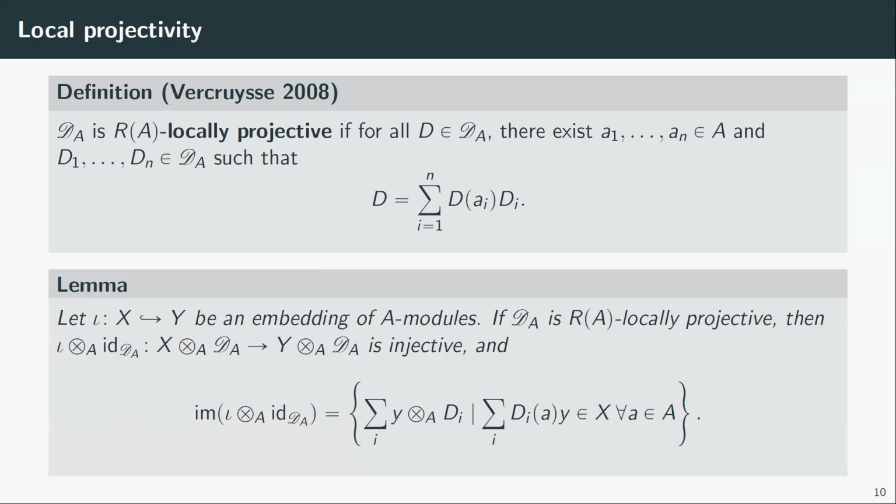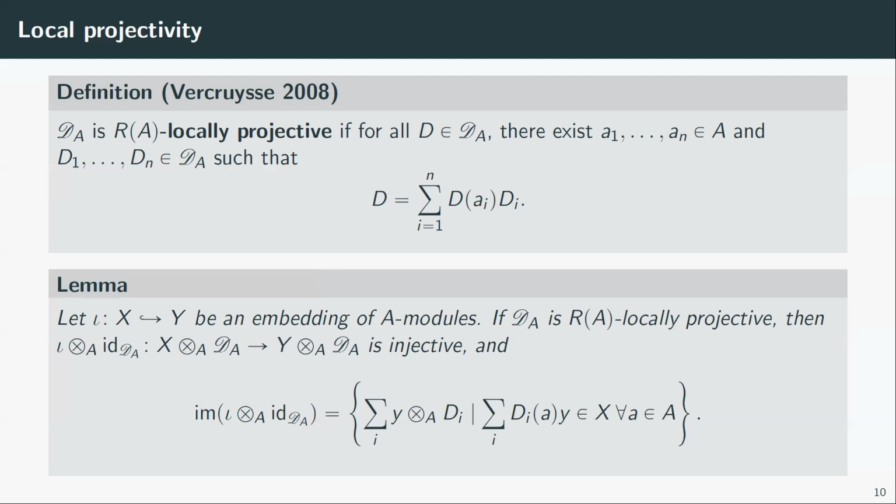So we have this lemma here that if I have an embedding of A modules and dA is ROV locally projective, then tensoring with dA preserves the injectivity. So this means that dA is flat. And not only that, we have a description of the image of the map.